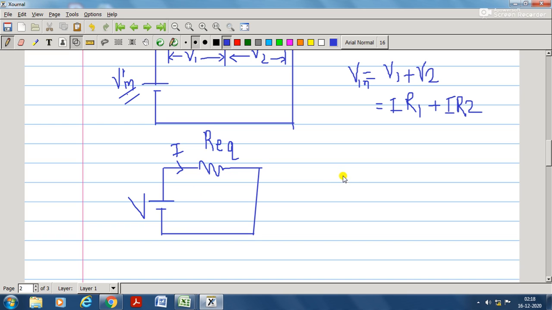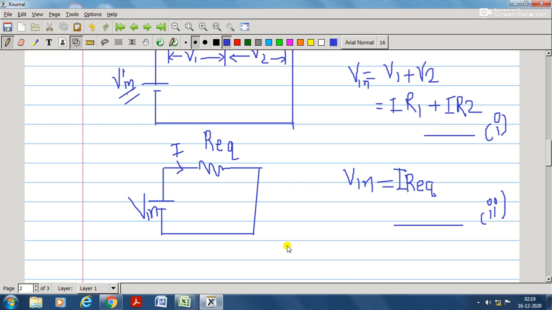Therefore we can write, as per Ohm's law, and this is my V in, that V in equals R equivalent into I. So from equations 1 and 2, we can compare both the equations.